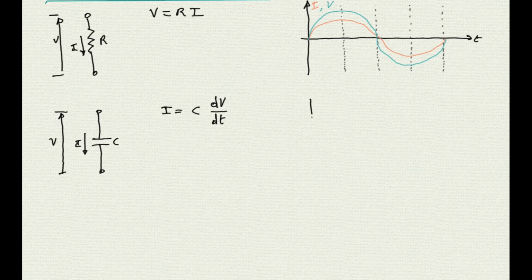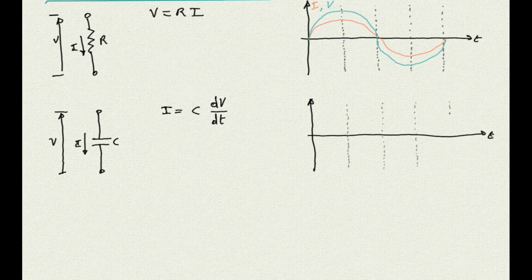Let's now draw a diagram of the voltage as a function of time, similar to what we did for the resistor. And let's use one more time a sine wave to simplify things. Because of the correlation with the derivative, the current will not be aligned with the voltage, but will instead be shifted toward the left of 90 degrees.